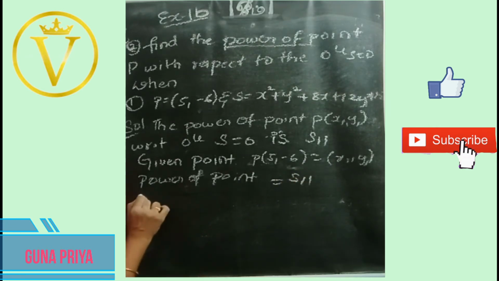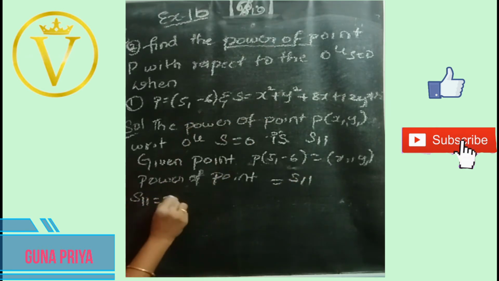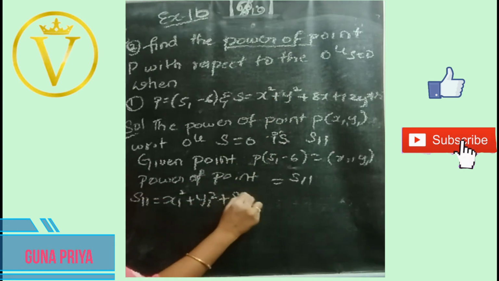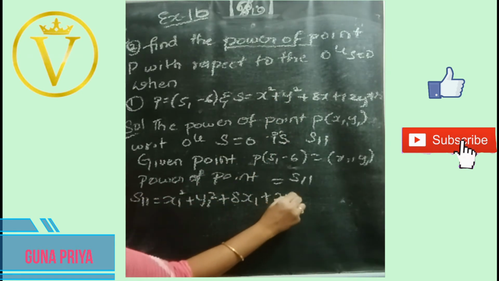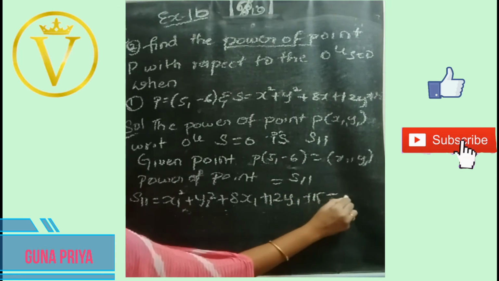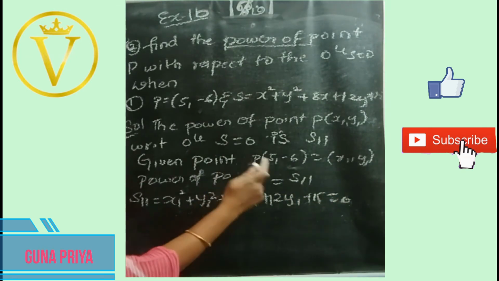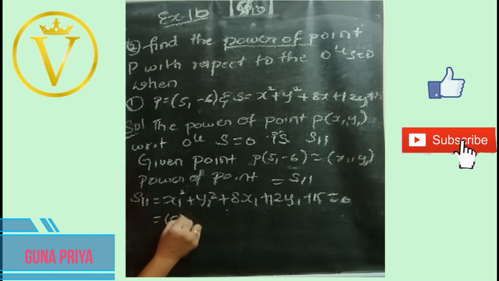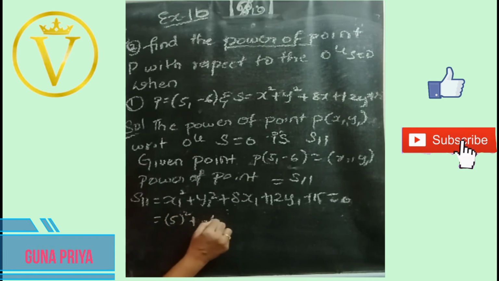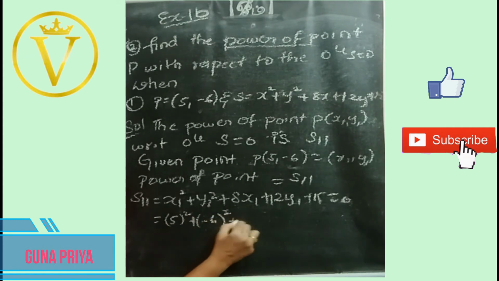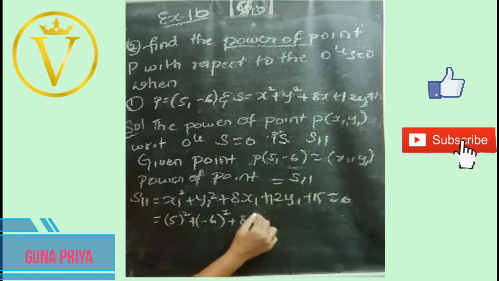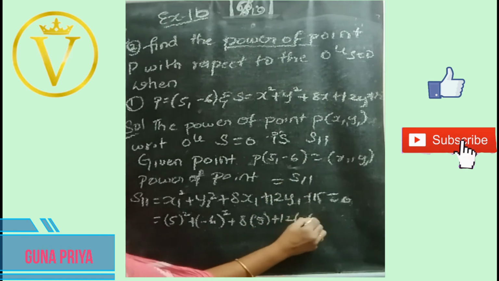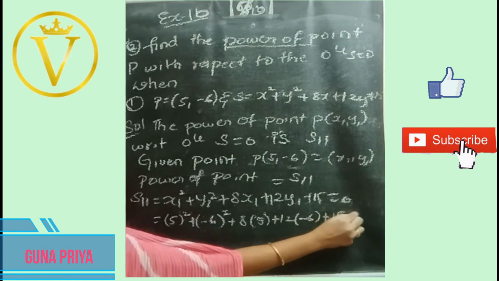Now S11 means x1 square plus y1 square plus 8x1 minus 12y1 plus 15. Now substitute the point value here. That is 5 whole square plus minus 6 whole square, plus 8 into 5, plus 12 into 6, that is minus 72, plus 15.